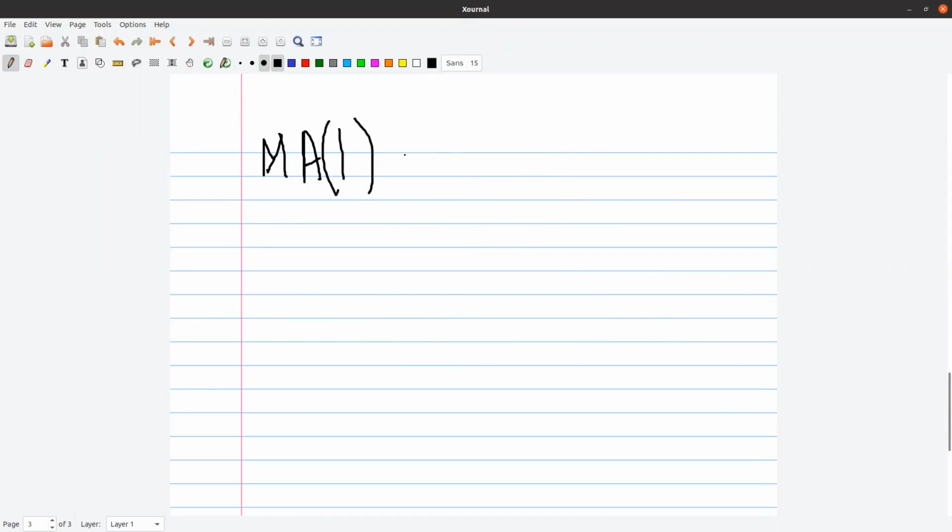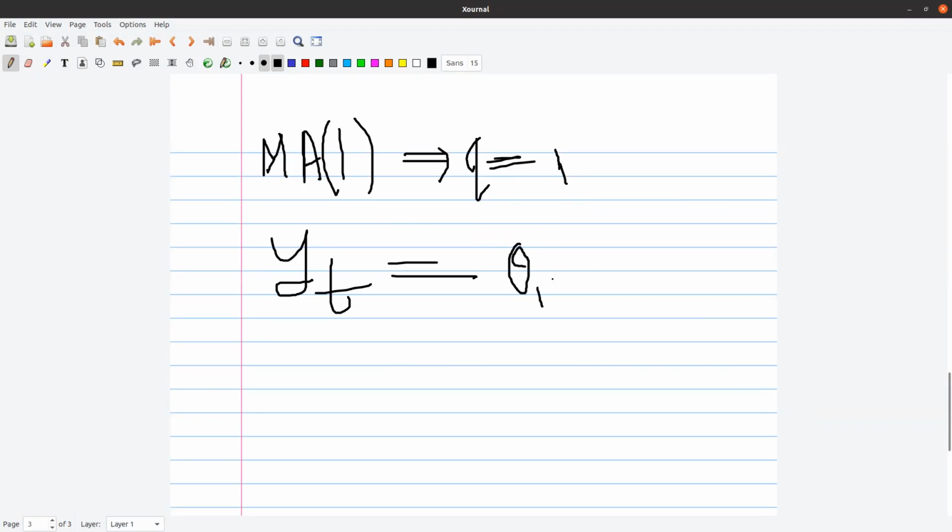Here Q equals 1. Then the equation would be like this: Y_t equals, I am omitting the bias value here and just considering epsilon, the noise component, theta 1 times epsilon_(t-1), plus the noise.